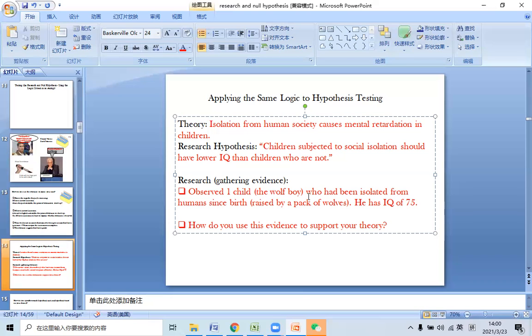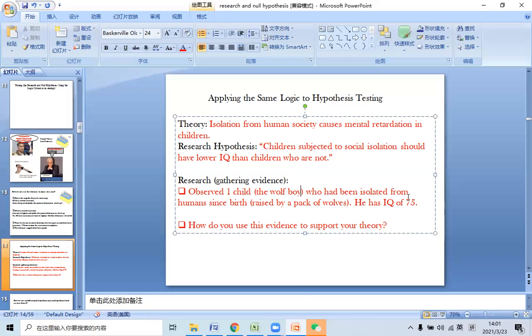Suppose you have a rare case, the wolf boy. This was a little baby who was adopted by a pack of wolves, grew up with wolves, but had very little contact with humans during infancy and early childhood. Then he was rescued. When he was rescued, you measure his intelligence, his IQ.